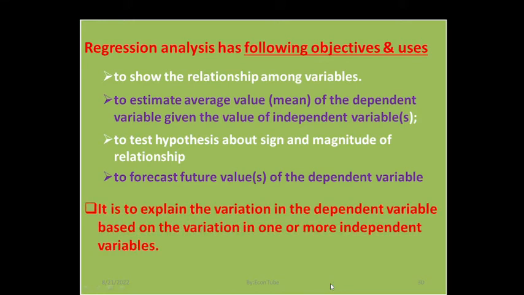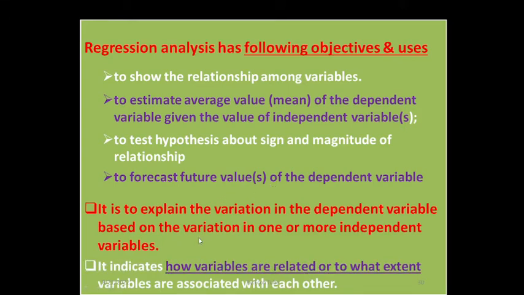So it explains the variation in the dependent variable based on variation in one or more independent variables. When we say average, it is for a small sample size; mean is for a large sample size; but in our case we look at the expected value, which is based on the distribution function.